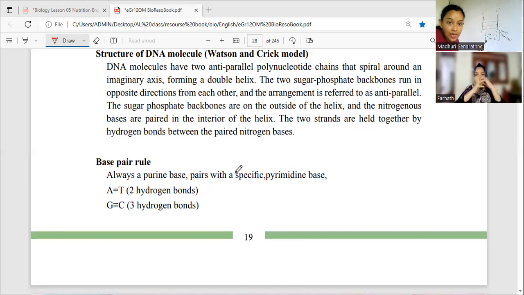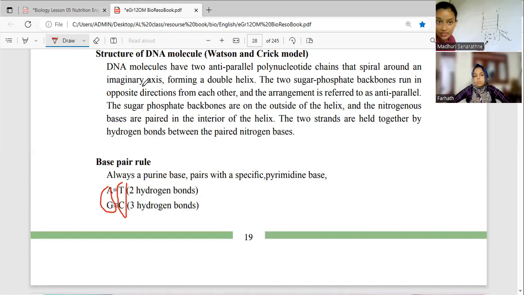Always a purine base pairs with a specific pyrimidine base. You know, adenine and guanine are purine bases. These two are pyrimidine bases. You can complete the note initially, this part.